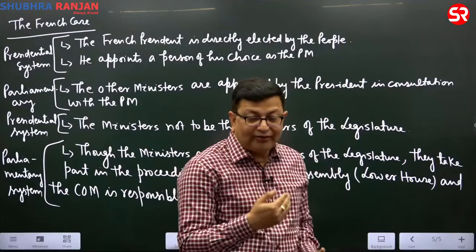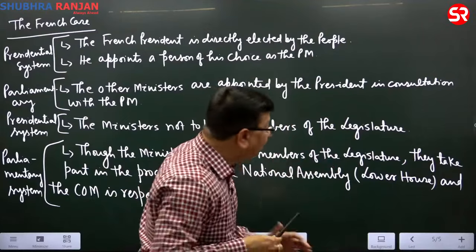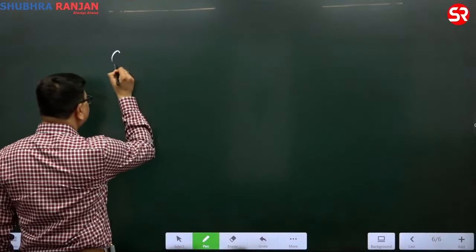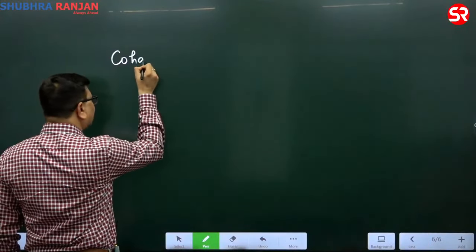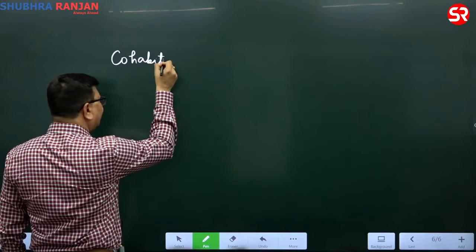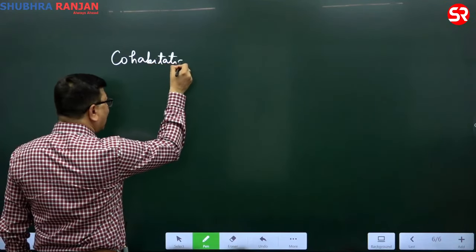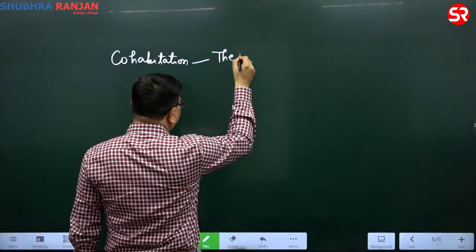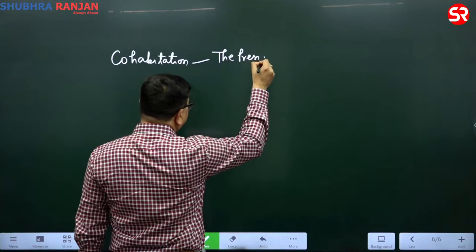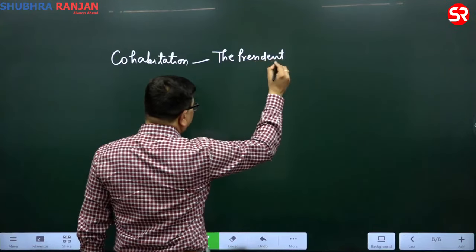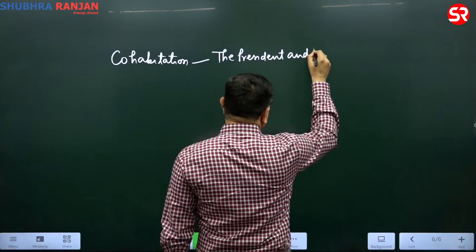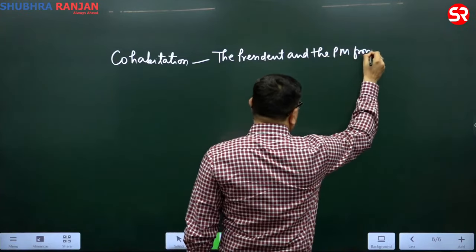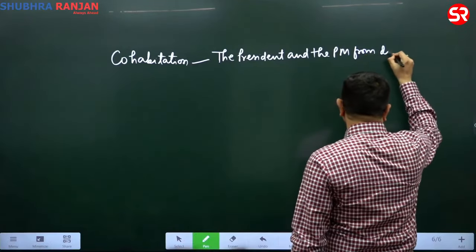So, in France, sometimes we have seen cohabitation. Cohabitation, that is, the president and the PM from different political parties.